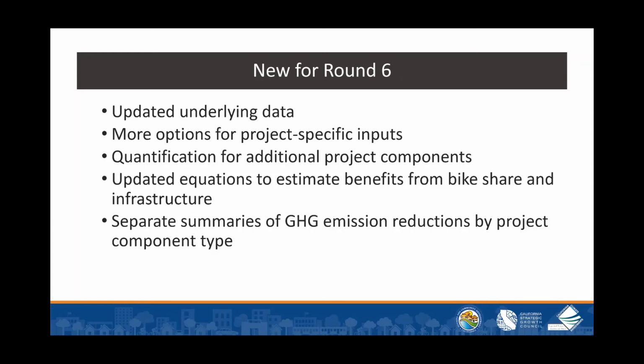In some cases, there's also simplified inputs, such as changing the ridership inputs for transit from daily to annual based on applicant and TA provider feedback. And finally, separating the summaries of GHG emission reductions by project component type in order to align with the scoring process that Ryan and Judith described. Next slide, please.